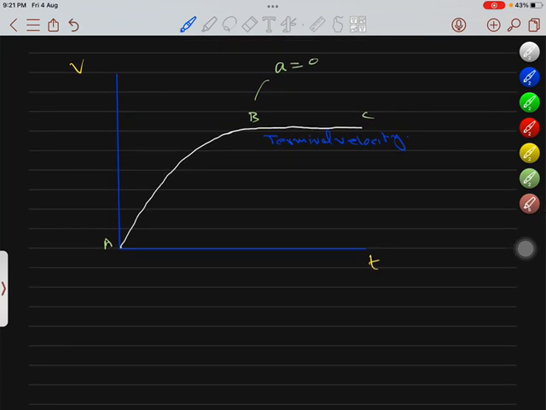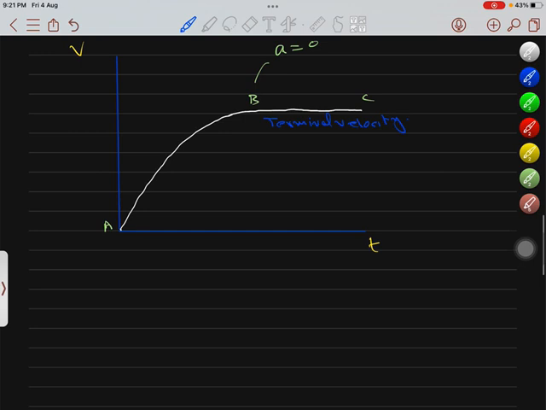If you draw the same graph for an object which is falling in a liquid, remember that liquid has more resistance than air. So for the liquid, what type of graph are you expecting? Let me draw both of the graphs.